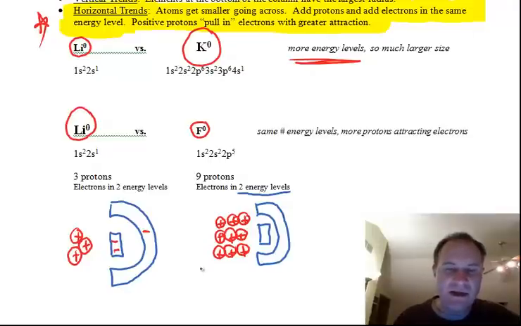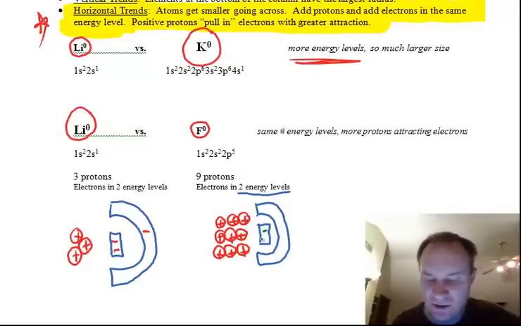And it has 9 electrons: 1, 2, 3, 4, 5, 6, 7, 8, 9 electrons.